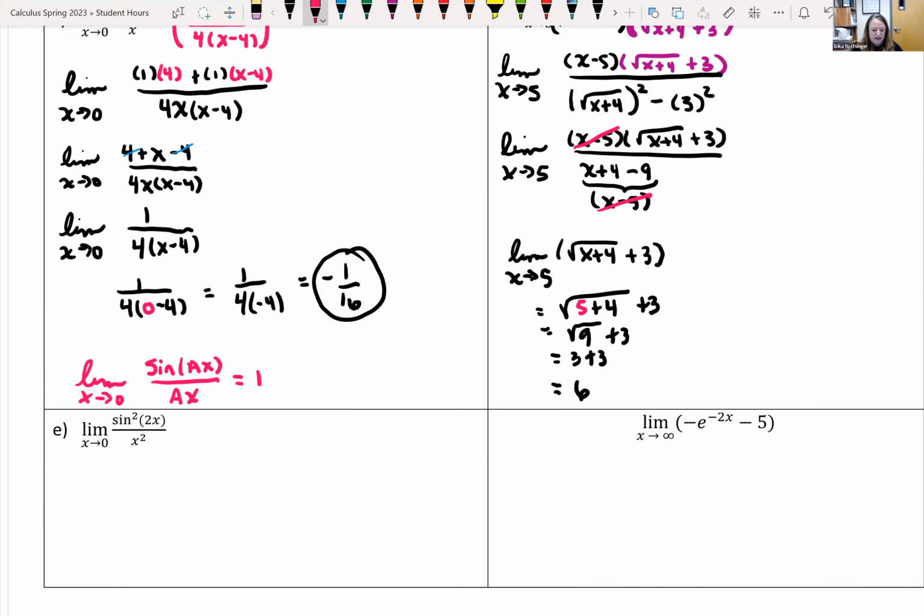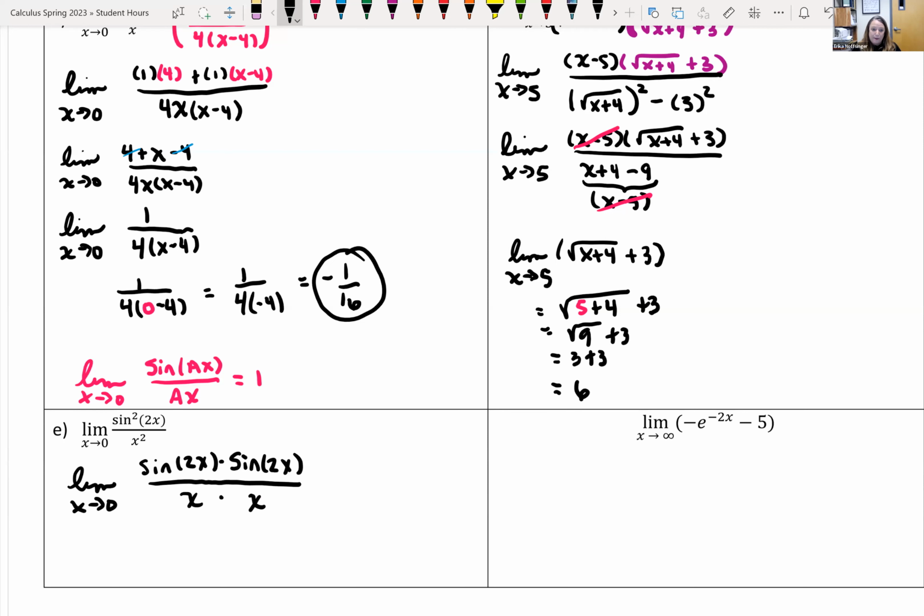So let's rewrite this. I see that I have sine squared of 2x. Sine squared I can rewrite as the product, right? This is the same thing as sine of 2x times sine of 2x. And then let's rewrite this x squared as x times x.